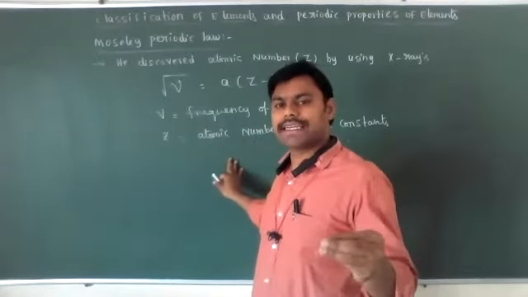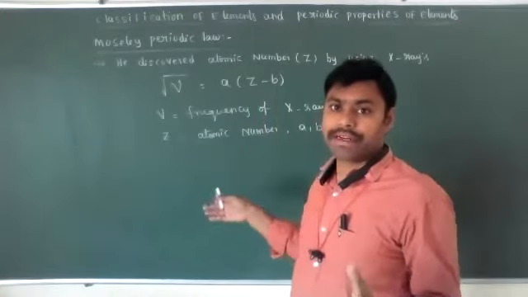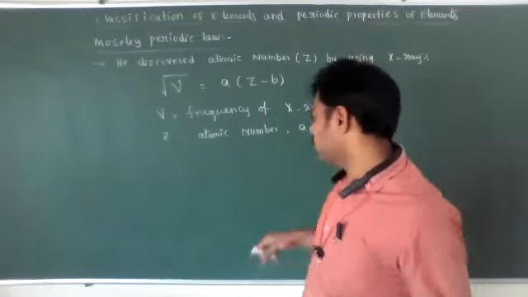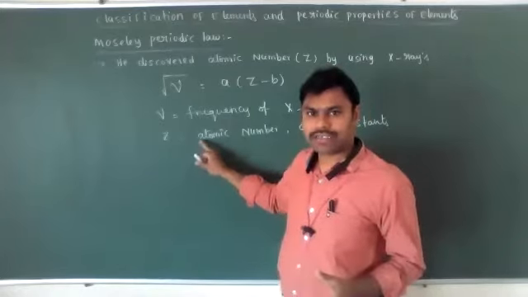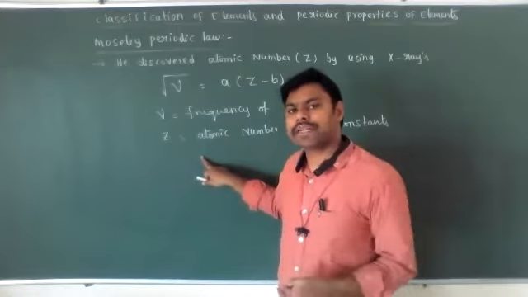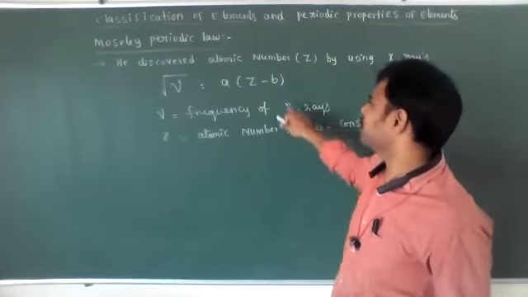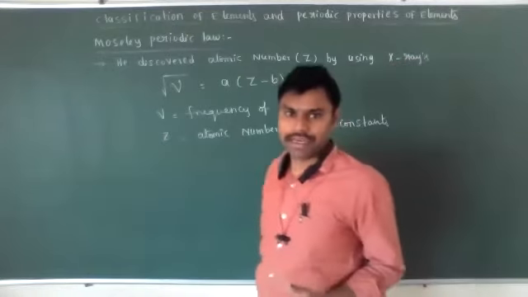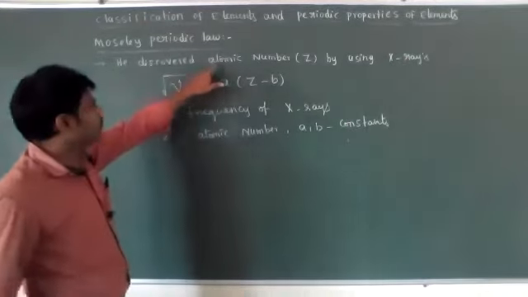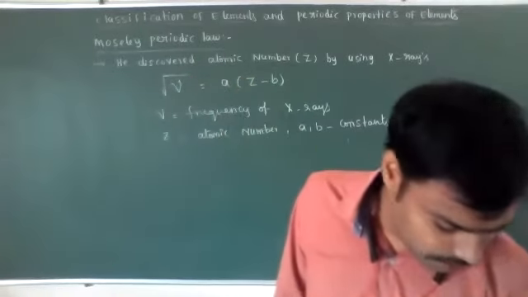The nucleus contains protons and neutrons, and that number was called the atomic number. But for every atom, the atomic number was given by Moseley. So who discovered atomic number? Moseley discovered atomic number.